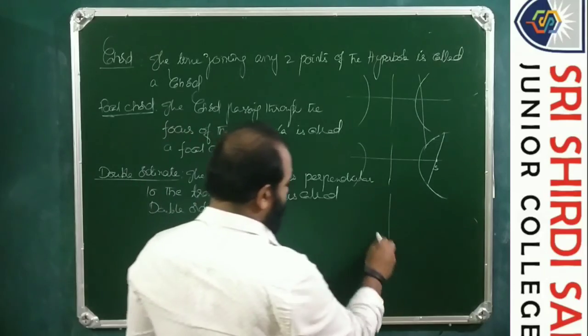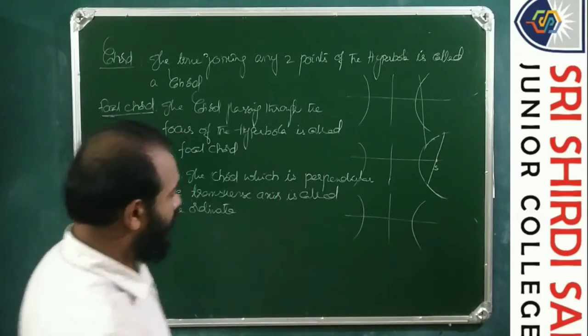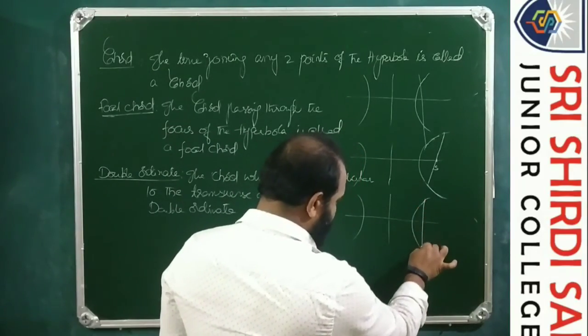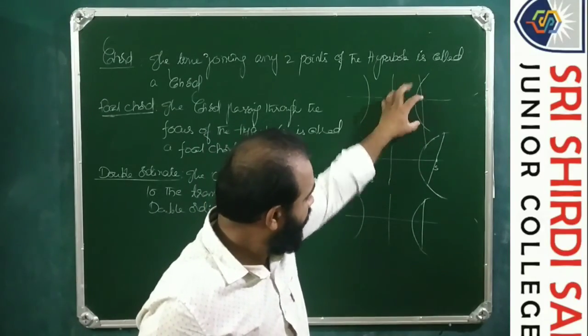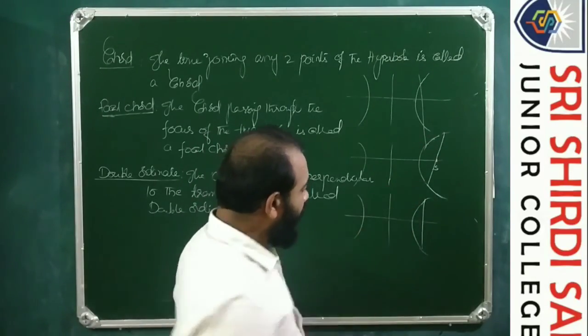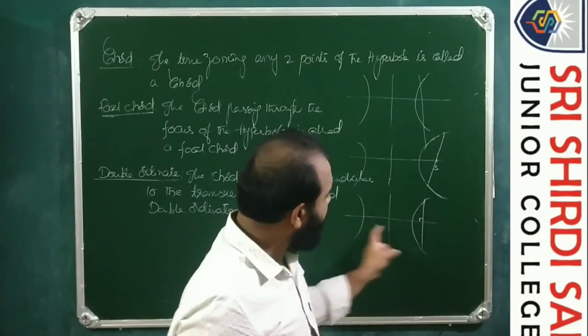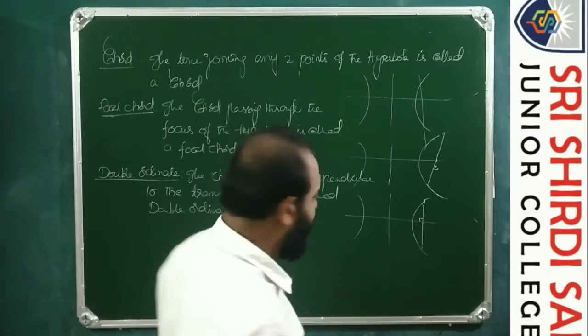So, for this hyperbola, this chord, unlike the previous chord, is perpendicular to the principal axis, which is the transverse axis. Therefore, this chord is called the double ordinate.